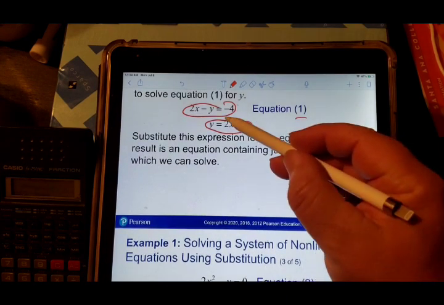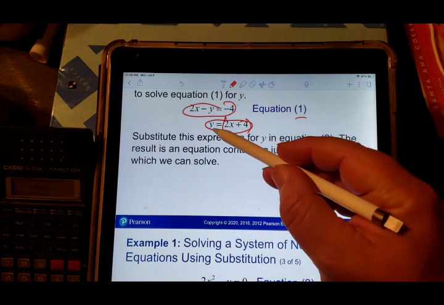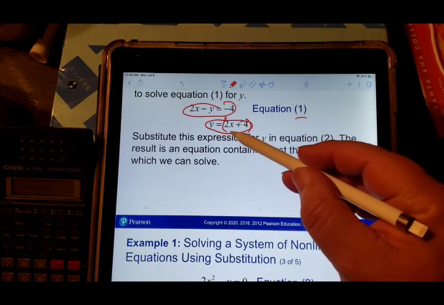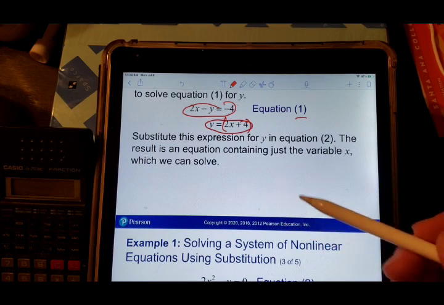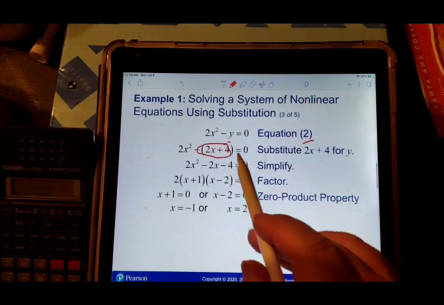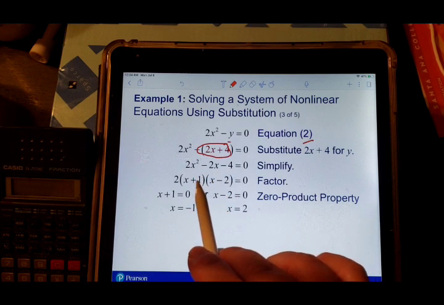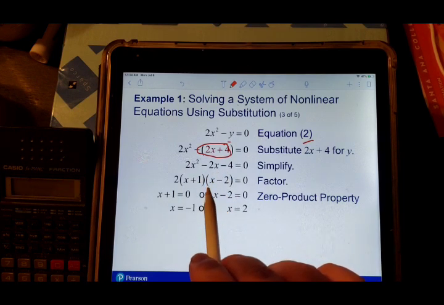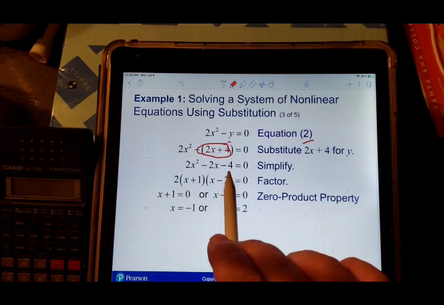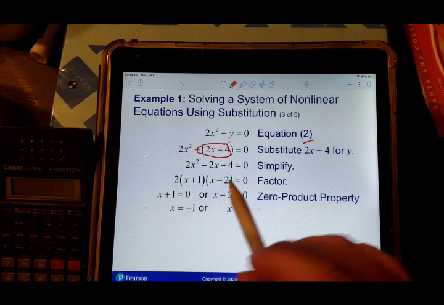So that is the substitution method. You replace y in the other equation with this right-hand side, 2x plus 4. So since we're subtracting y, now we're subtracting 2x plus 4. And that leads to a fairly easy problem to factor and solve.